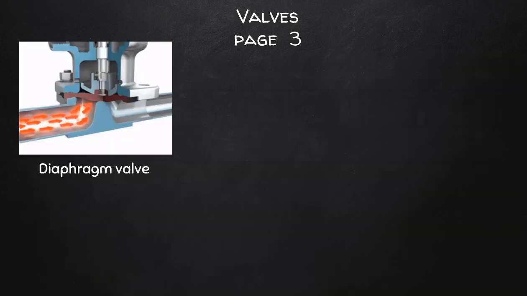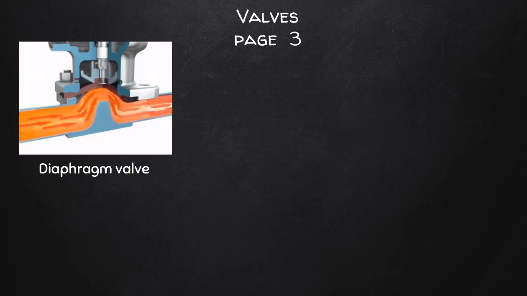The next valve is a diaphragm valve. It uses a flexible diaphragm between the piston and the fluid. Often when you do not want the working parts of the valve to make contact with the fluid, because maybe the fluid may damage the valve, you'd make use of a diaphragm instead.